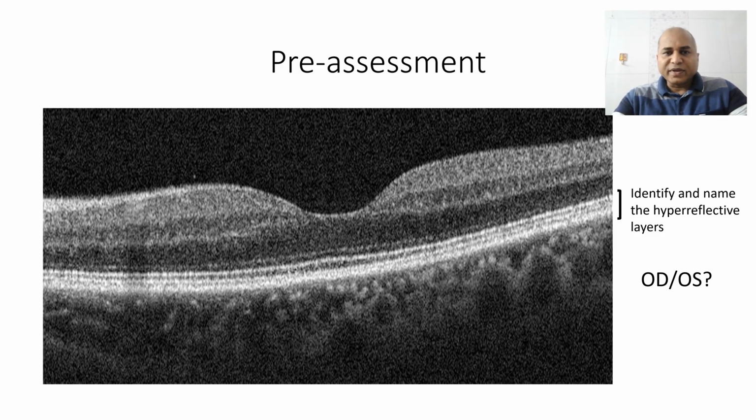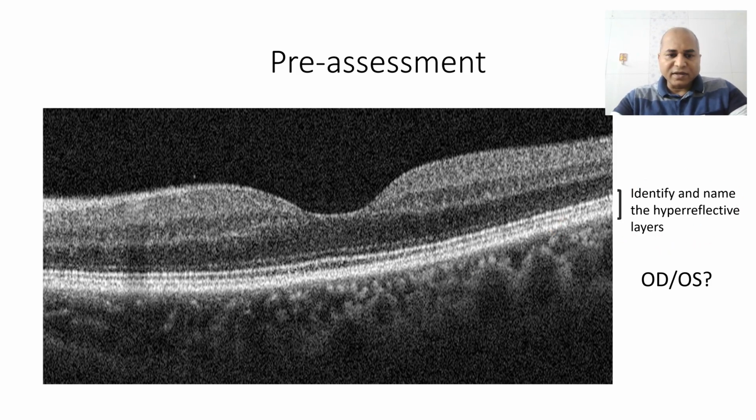So this is just a pre-assessment, just to see if one really needs to go through this lecture. So my question is whether we can easily identify these hyperreflective layers.